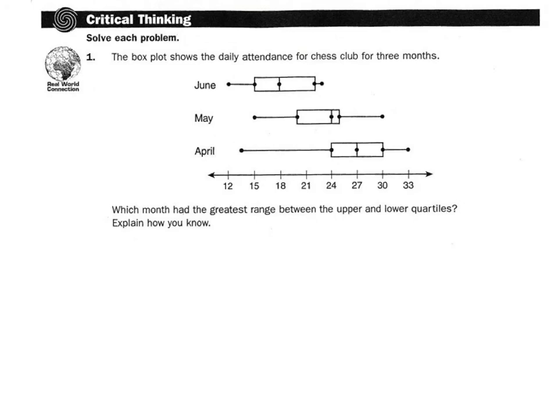All right, so I'm going to do one more quick one with you just to make sure you understand how to read this. It says the box plot shows the daily attendance for the chess club for 3 months. We have June, May, April. Which month has the greatest range between the upper and lower quartiles?